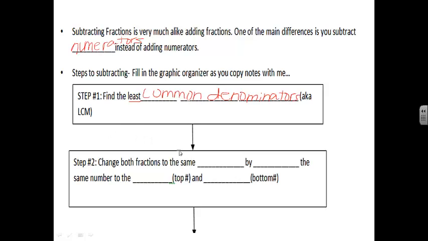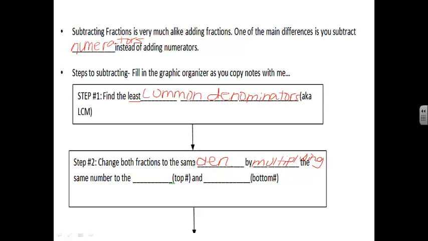Step 2, we change both fractions to the same denominator, and I'm going to not write it all out for time's sake, by multiplying. Okay, this should be review from adding fractions with Miss Hitchcock.